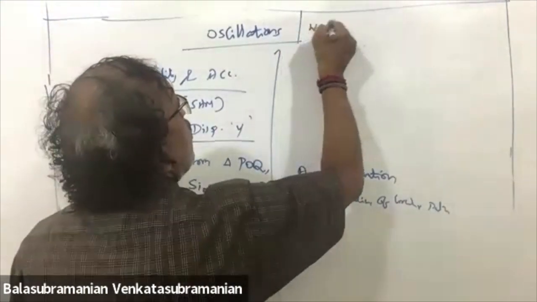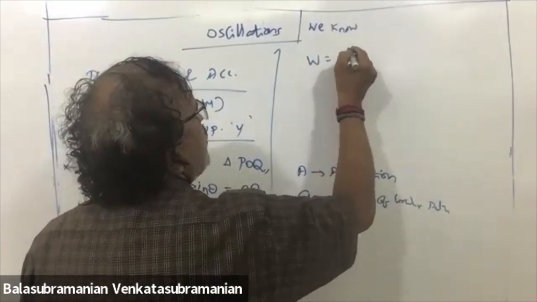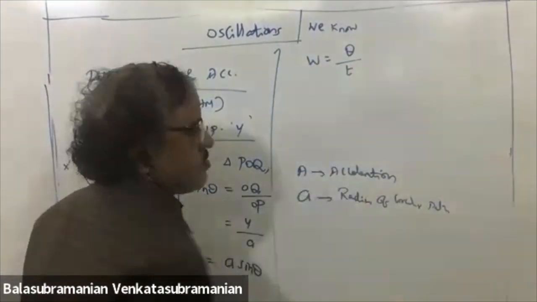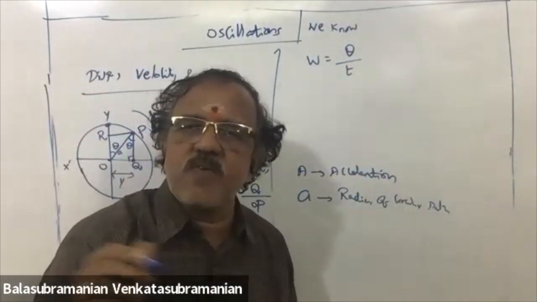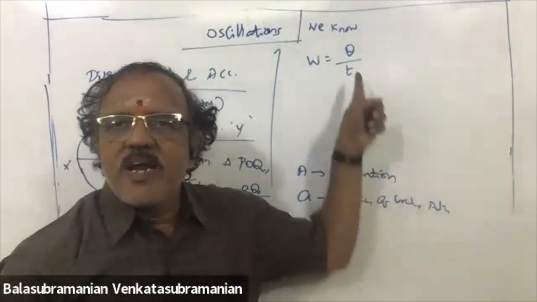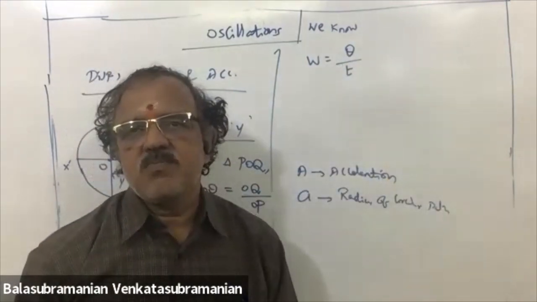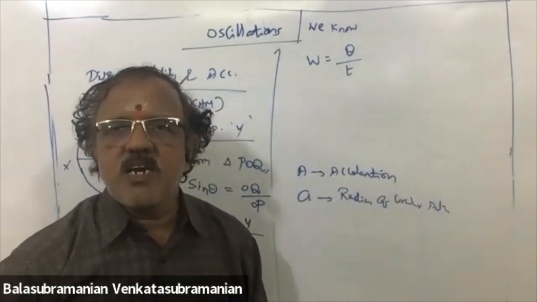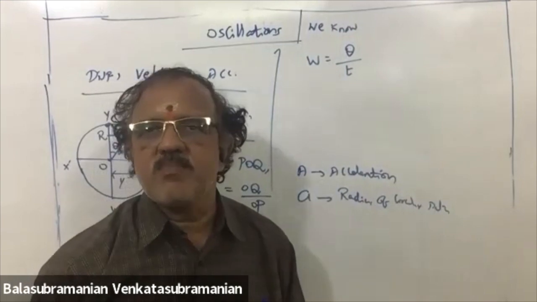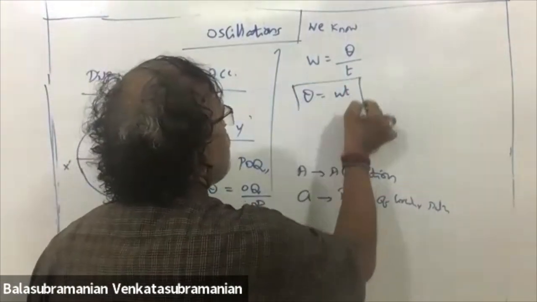We know omega is the rate of change of angular displacement. Rate of change of displacement means velocity. Rate of change of angular displacement means angular velocity. In terms of the circular path, omega will come. So theta is equal to omega t here.